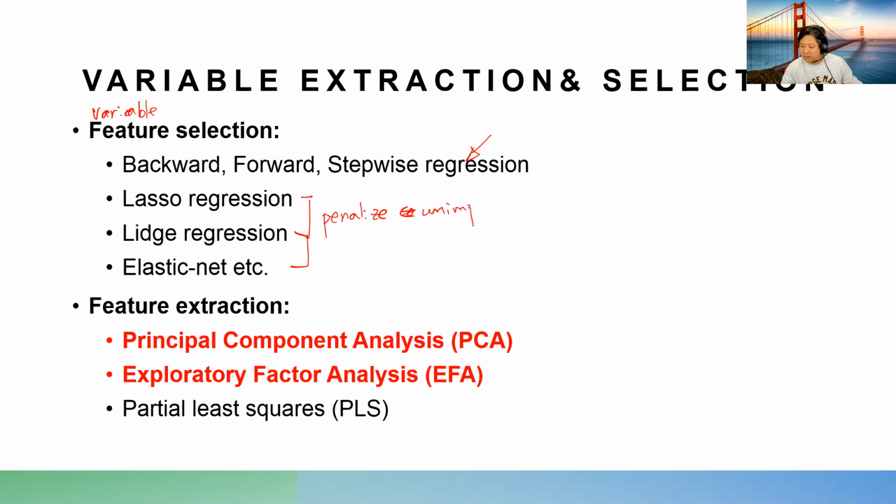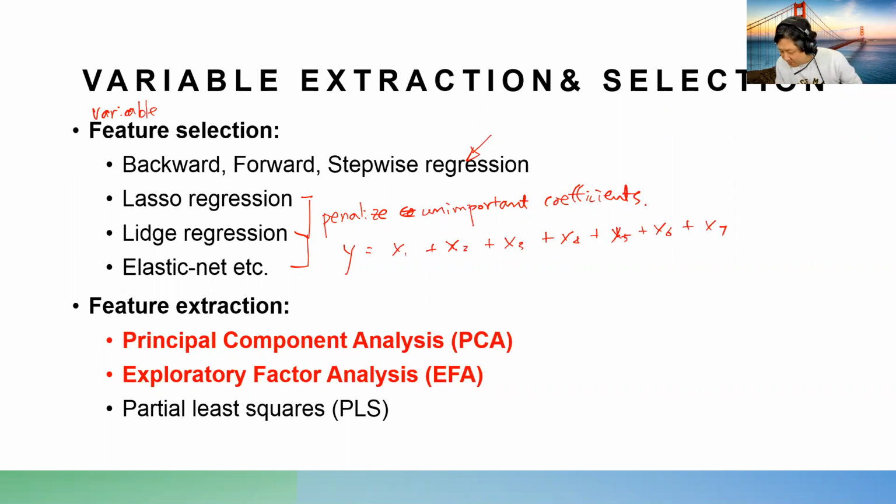unimportant coefficients. So instead of estimating all the parameters for each variable, we penalize unimportant coefficients to make them 0, right?